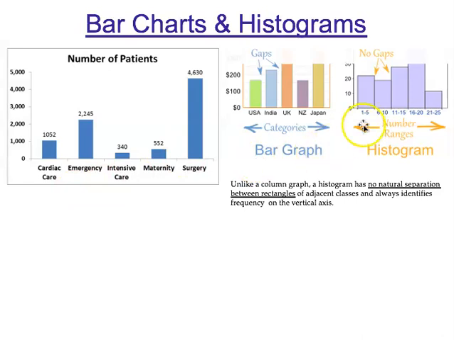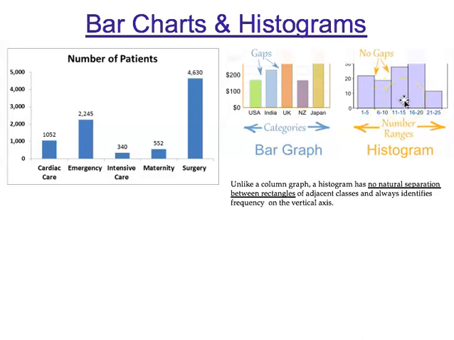But if you have ranges of numbers, like we saw with the days, 1 to 5, 6 to 10, 11 to 15, that kind of thing, then you may want to get rid of those gaps because you have a continuum. 1 to 5 doesn't have a gap when the next bar is 6 to 10, and there shouldn't be a gap there when the next bar is 11 to 15.